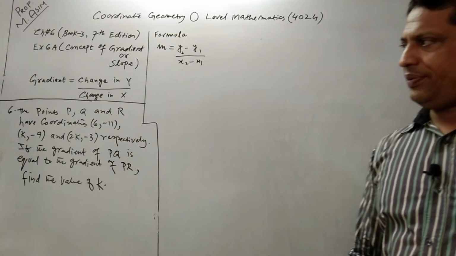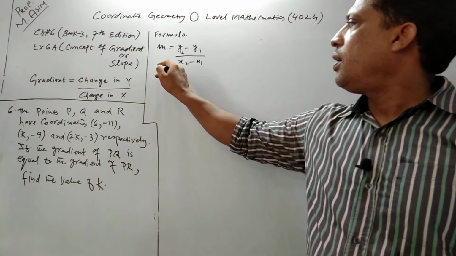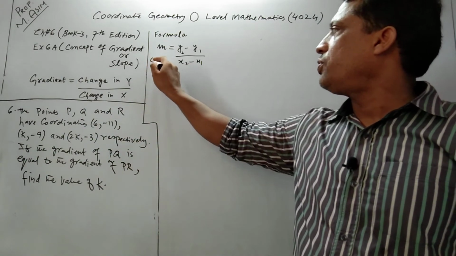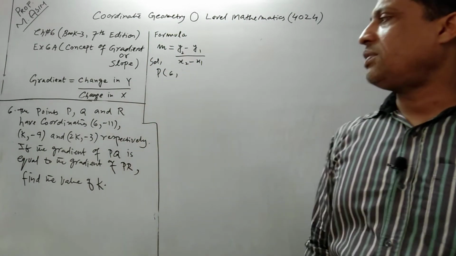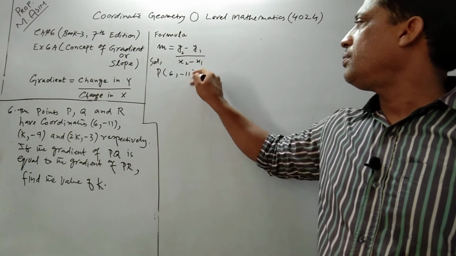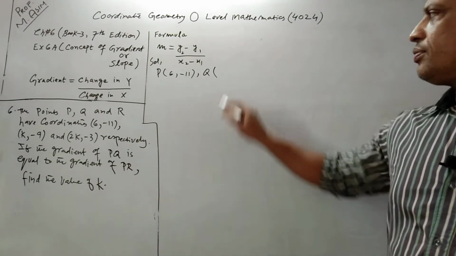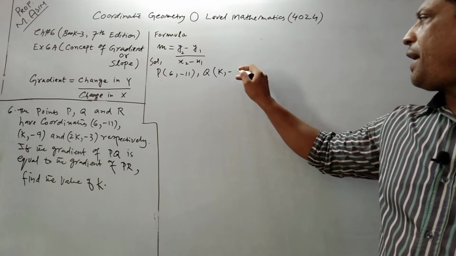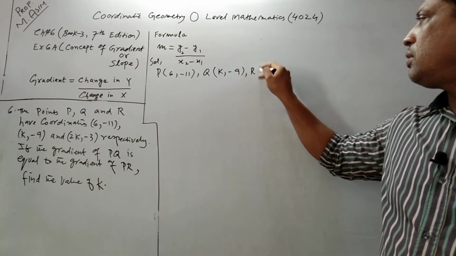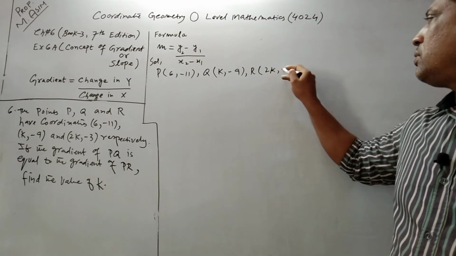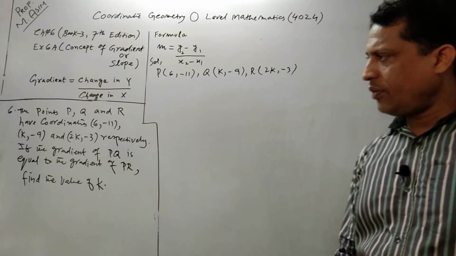Very easy question. Coordinate of P given is (6, -11). Coordinate of Q given is (K, -9). Coordinate of R given is (2K, -3).